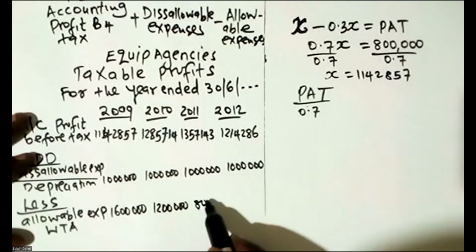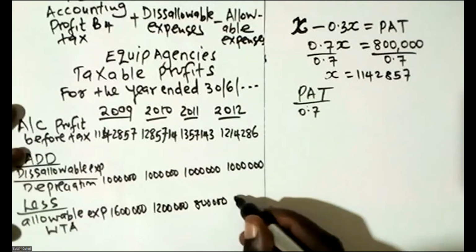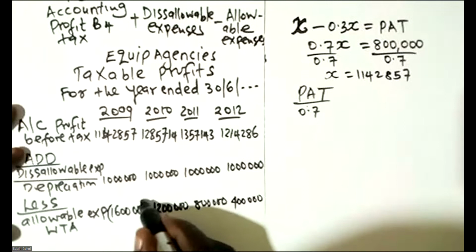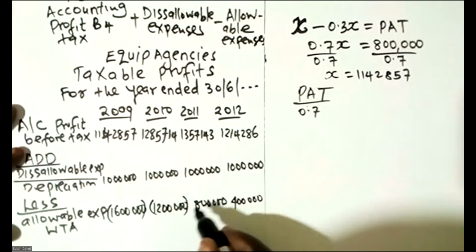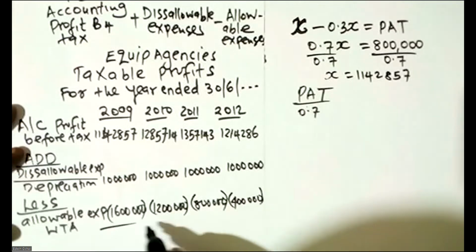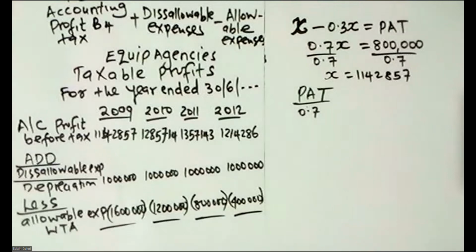Here you get 800. Then the last one was 10%, which is 0.1. So that is 400. So you can do the summation. 1142.